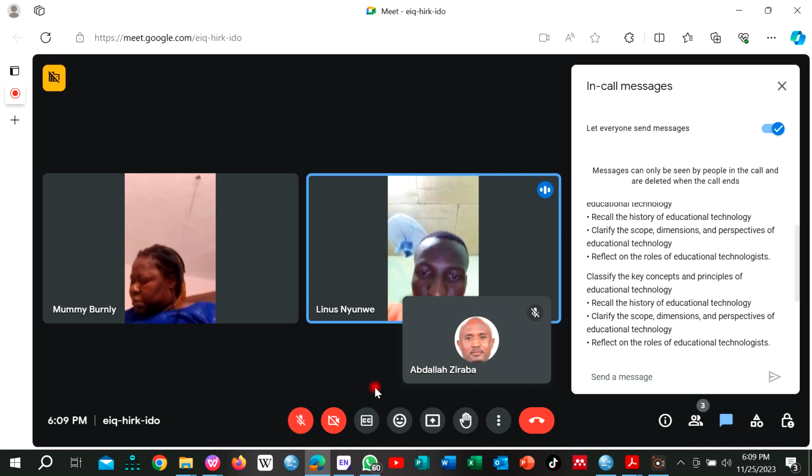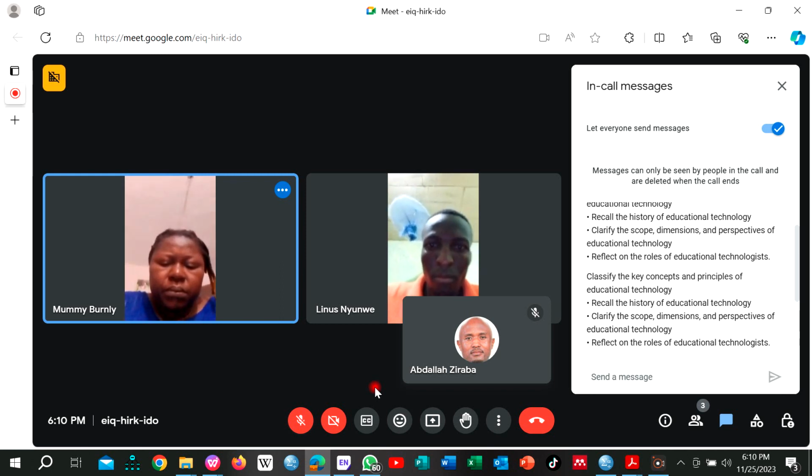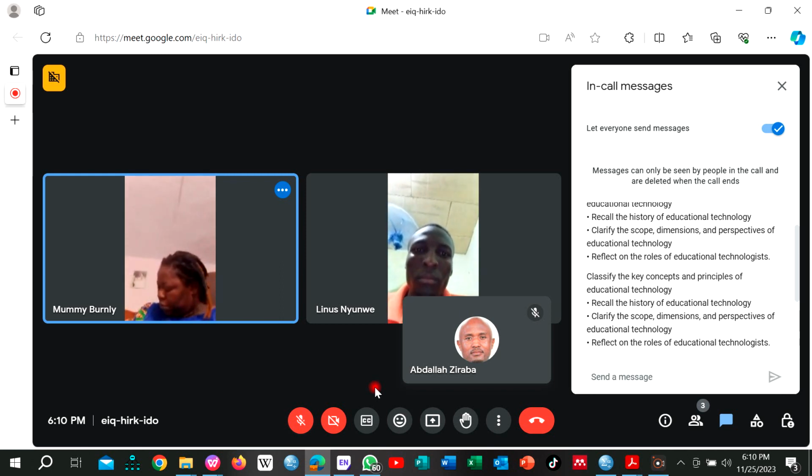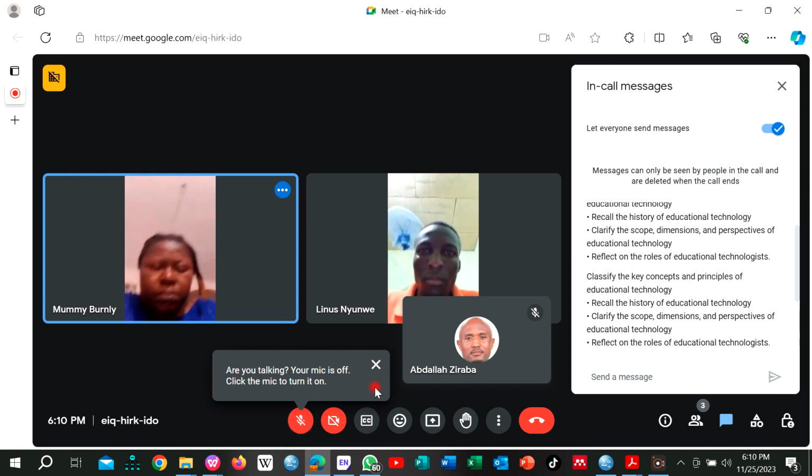Then we'll move to the next item that we're supposed to look at, which was the scope. Classify the scope, dimension, and perspective of educational technology. Have you found it?